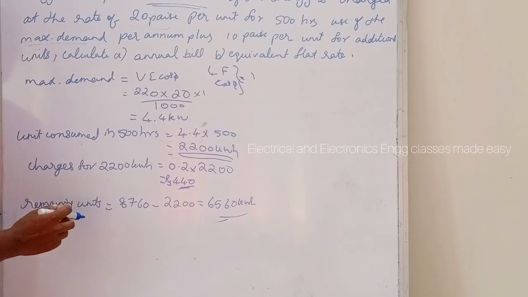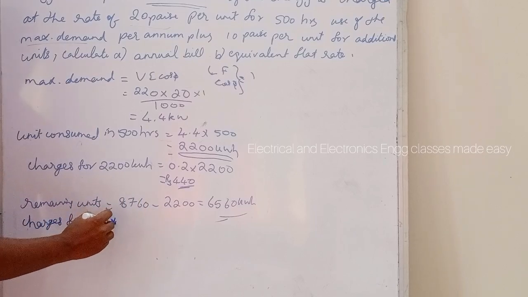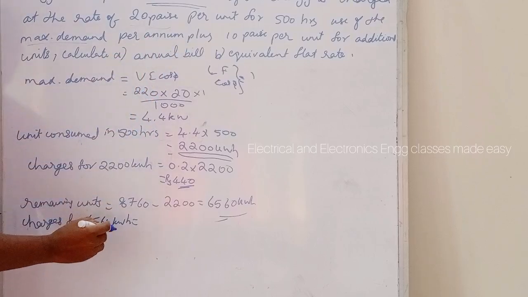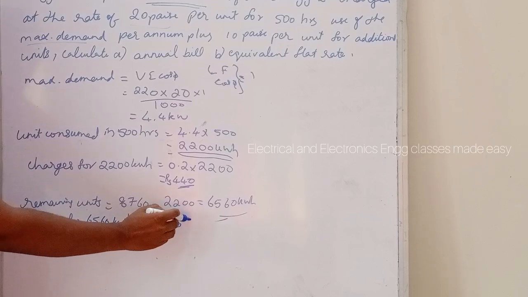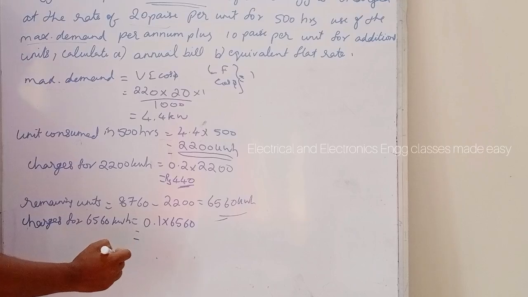Now we have to find the charges for these remaining units. It is given that 10 paise per unit, that is 0.1 into 6560, and that is equal to rupees 656.